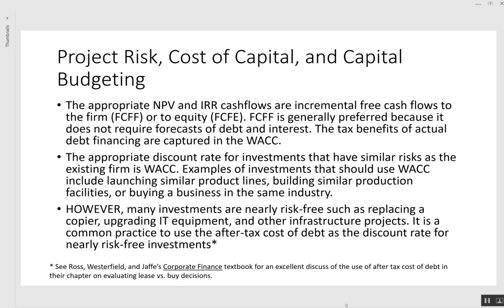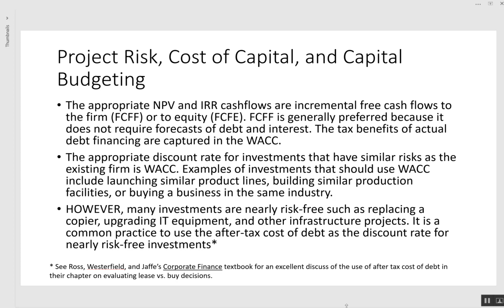Also, one of the principles is the NPV and IRR discount rate should really reflect the risk of the project. However, to the extent that the weighted average cost of capital is the risk of the firm, because equity holders and bondholders assess the firm's risk and they'll demand a certain rate of return.